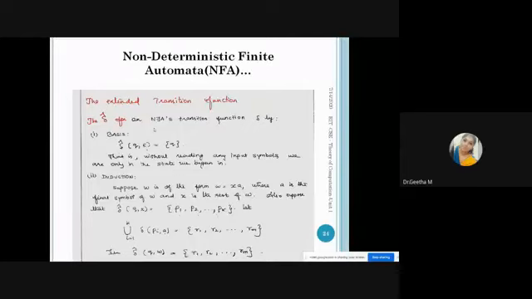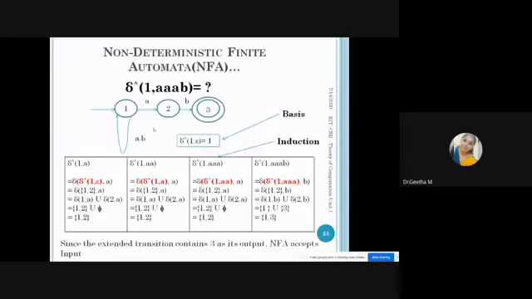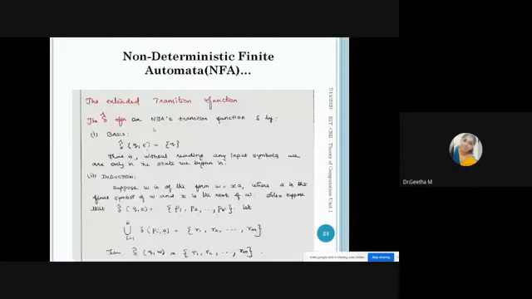Then again, come to the part of extended transition. Same as before, the basic step is in the form of a mathematical induction proof. You want to show the basic step, and also you want to provide one induction step here. So you just write down the output of the basic step and also the output of the induction step.